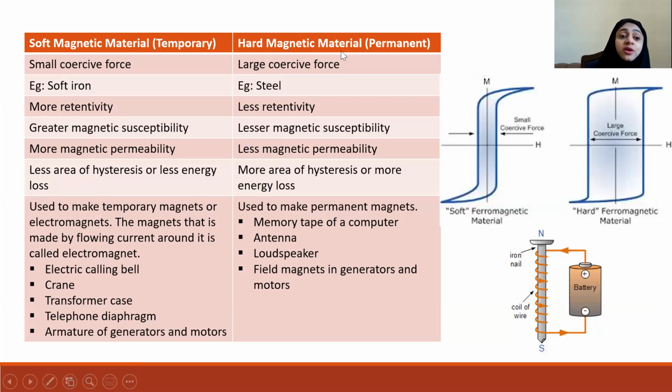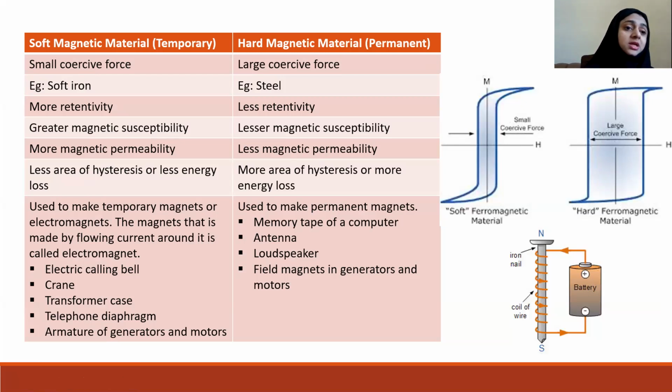So for soft magnetic material, the coercive force is small, this distance. Remember? So here the coercivity is very small for a soft magnet, which means we do not require a large magnetic field in the opposite direction in order to demagnetize a soft magnetic material.